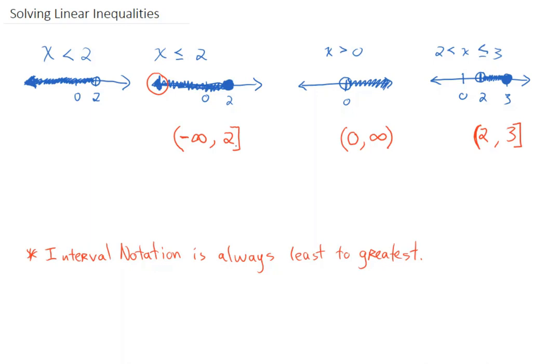Now again, this is always going to be least to greatest, and so a negative infinity will always be on the left, and an infinity will always be on the right, because that's the only way it'll work, least to greatest.